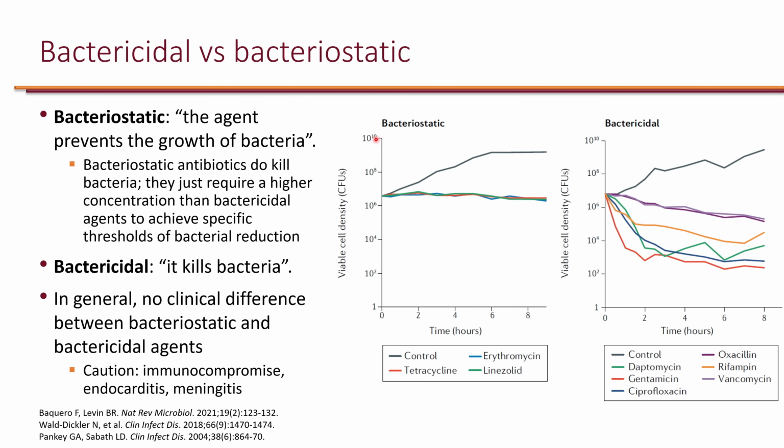So let's look at the graph in the middle, on bacteriostatic. Here on the x-axis, we're looking at time, so 2 hours, 4 hours, 6 hours, and 8 hours. And on the y-axis, we are looking at cell density measured in colony-forming units, or CFU.